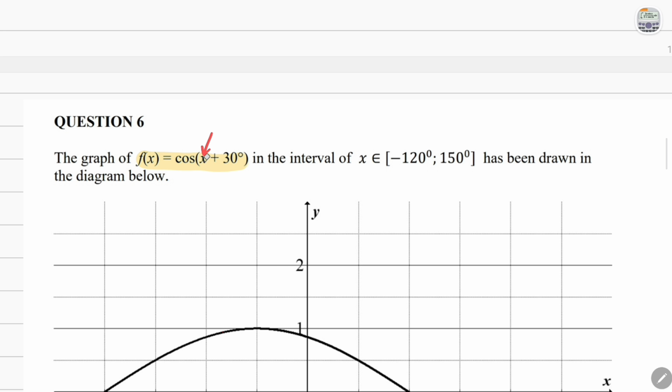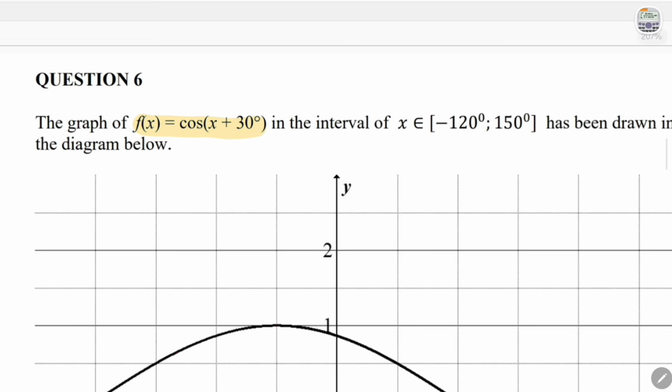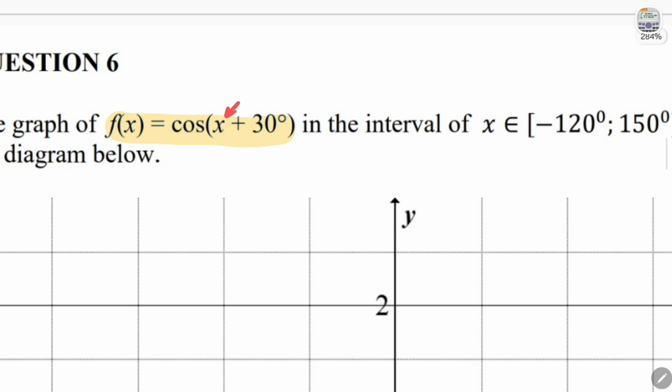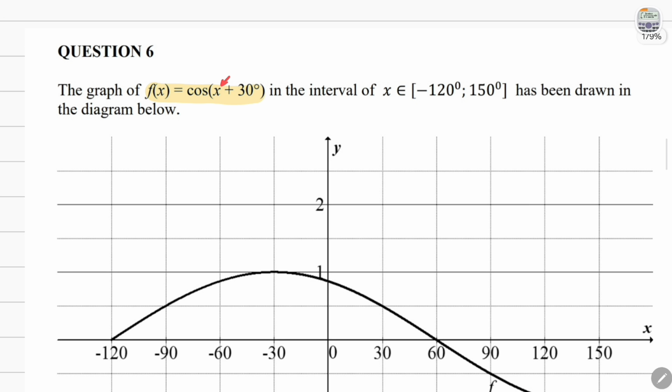It says cos(x + 30 degrees). So we see that we are adding 30 degrees to the x. Because you are adding to the x, this is either shifted to the left or the right. You have to decide which it would be. If it was shifted to the left, then we add, when we are applying this to the equation.